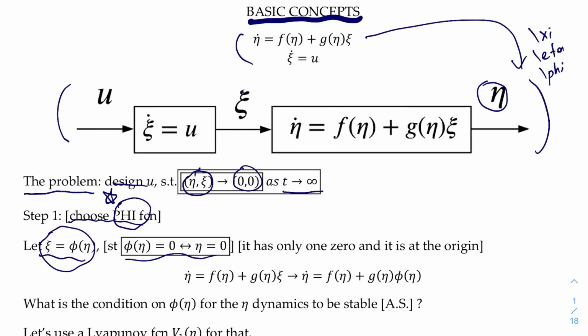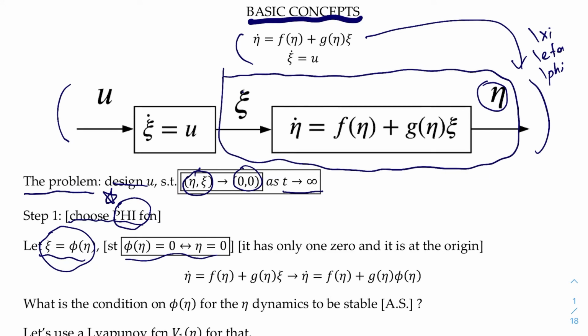By the way, you will need to employ state feedback control. So you can just express your xi as phi of eta.